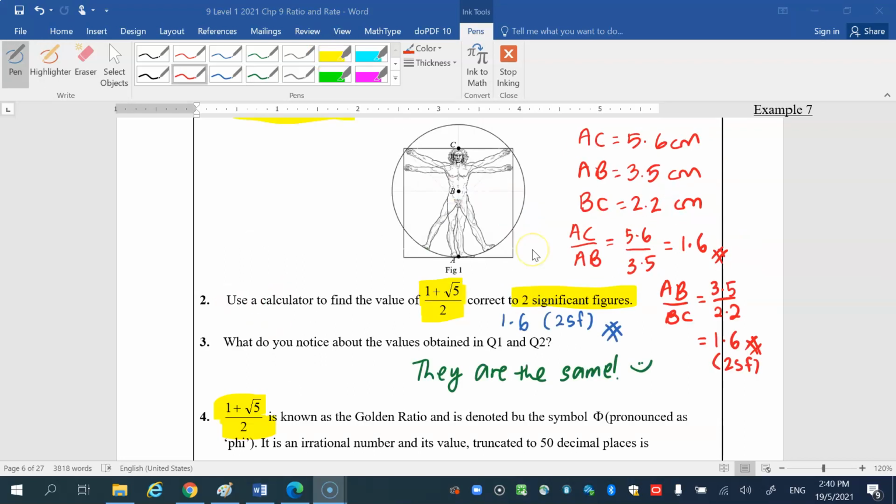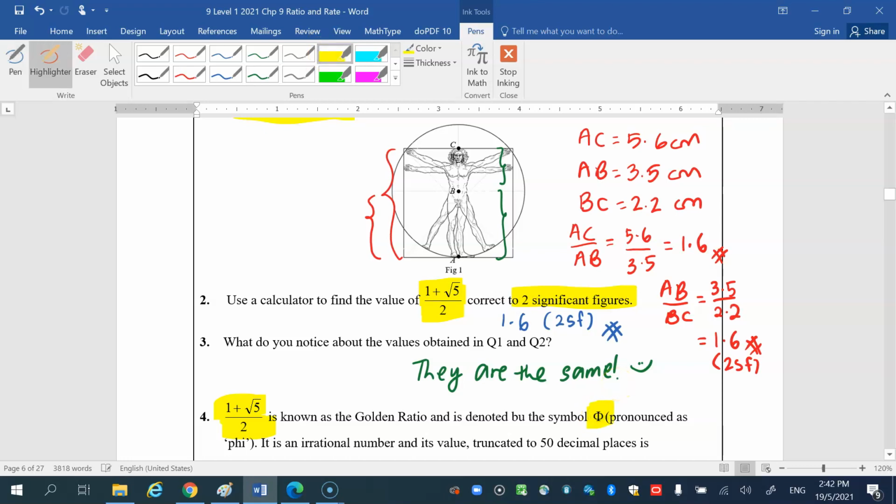Which means just now, if we look at the diagram, the ratio of AC to AB, this whole part, AC to AB, is equal or about the same as AB to BC, these two ratios. Okay, and that gives us a very special golden ratio, which is the 1 plus root 5 over 2. And it's denoted by this symbol called phi, which is over here.